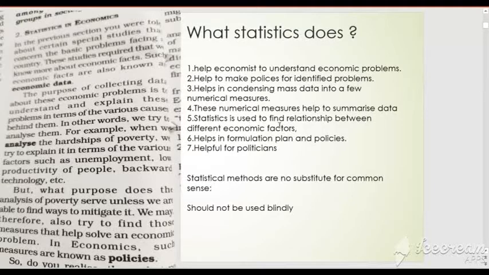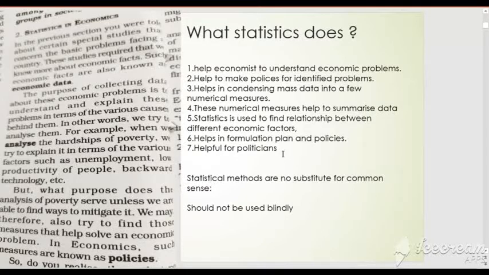Statistics is used to find relation between different economic factors. For example, price and demand are oppositely related. Price and supply are directly related. Clear? So these are the relation between different economic factors on the basis of statistics. Help in formulation plan and policies, helpful for politician, very important.